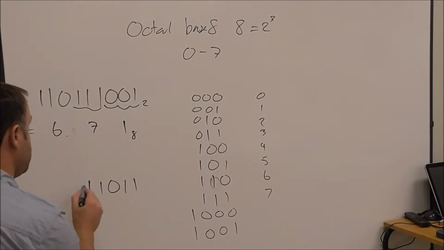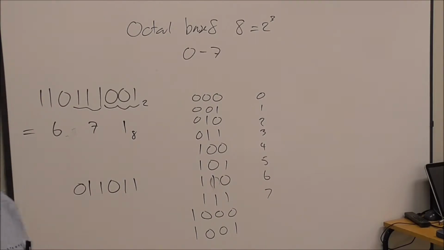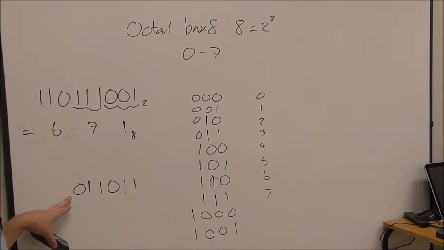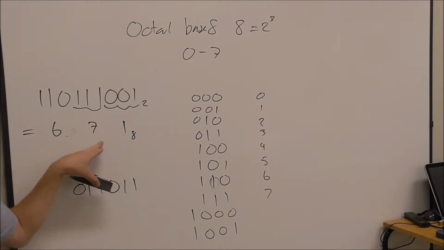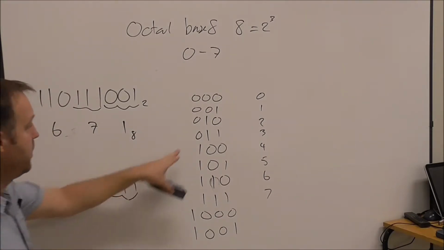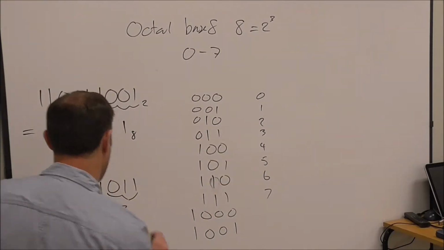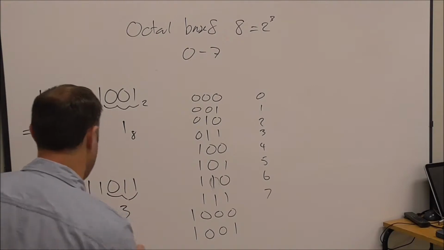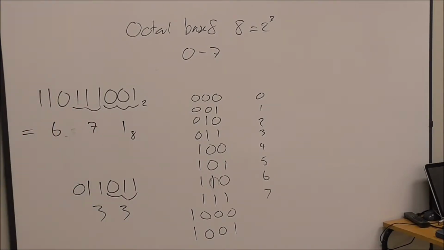Likewise, I could put as many leading zeros as I need to on the binary number to make it a multiple of 3 so that I can use this conversion. So this one, 011, is a 3. Oh, this happens to be 33. Okay, so it is very quick to convert between a binary number and octal.